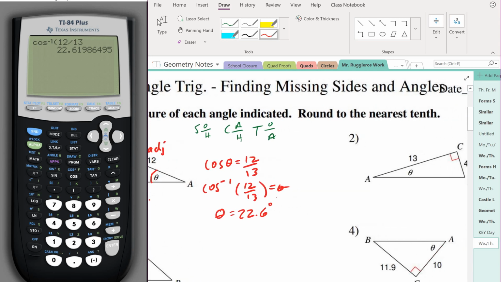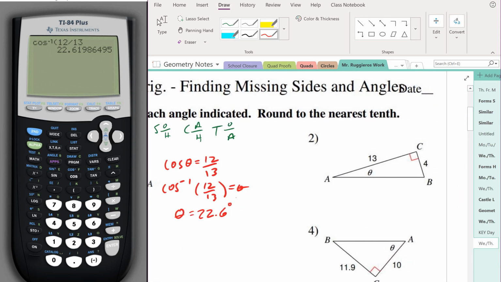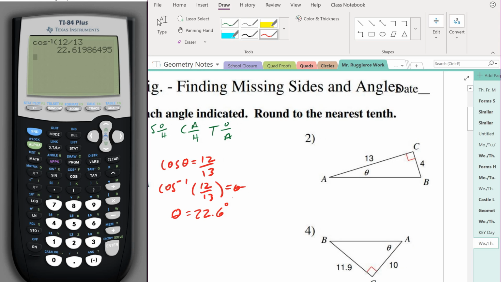Let's look at number 2. I look at the angle that's given to us, which is theta. Let's label the sides. The hypotenuse isn't given to us in this case; the hypotenuse is side AB. So ask yourself, is the 4 opposite or adjacent? It looks like it's across the way, and the 13 looks like it's next to it. Which trig function uses opposite and adjacent?